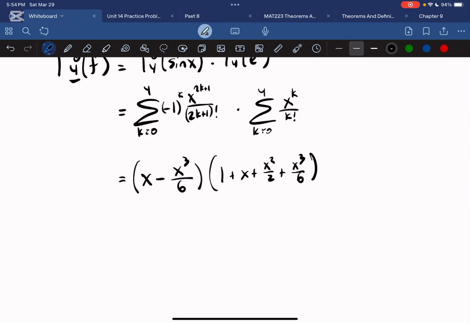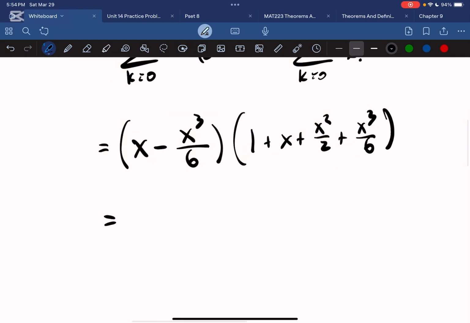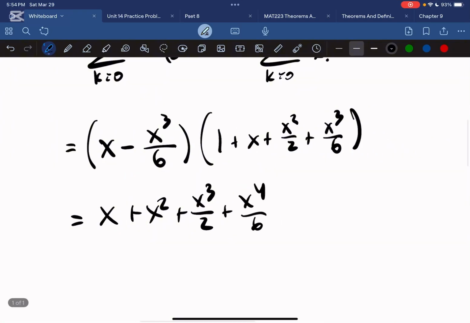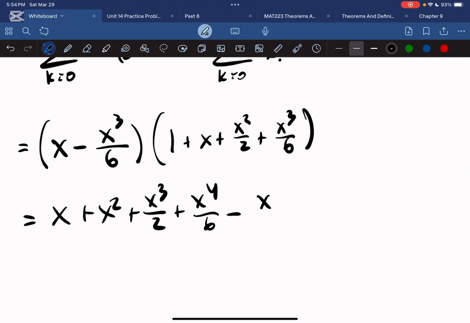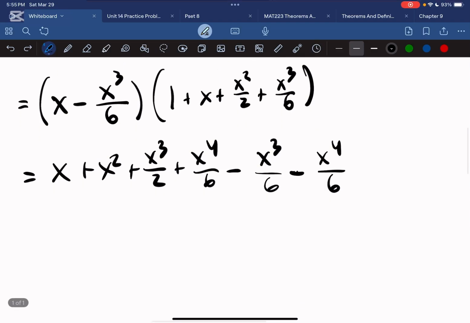But this saves a lot of time. And now when we multiply this out: x squared plus x cubed over 2 plus x to the 4 over 6 minus x cubed over 6 minus x to the 4 over 6. Notice how we don't keep on going. If we were to keep on going, this degree would be 5. It's too much. So we stop here.